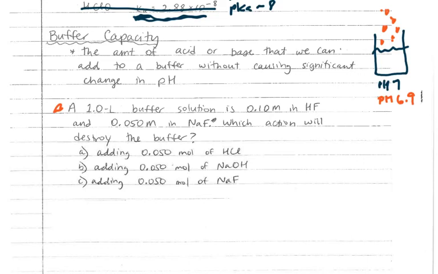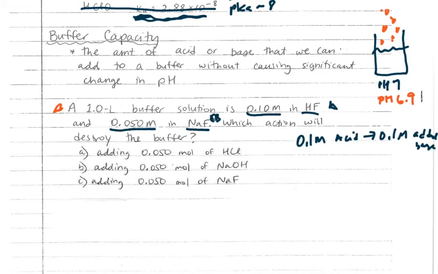So we've got this concept question here. A 1 liter buffer solution is 0.1 molar in hydrofluoric acid, HF, that's our weak acid. I'll put an A here. And 0.05 molar in NaF, with F minus of that salt being the conjugate base. I'll put Cb. So which action will destroy the buffer? In other words, we have 0.1 molar of the acid that can neutralize 0.1 molar of some added base.